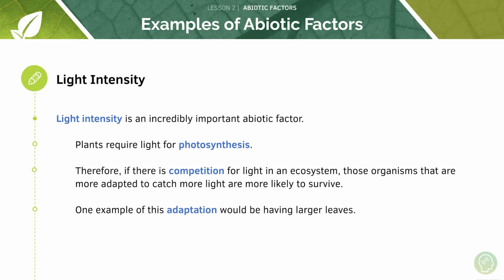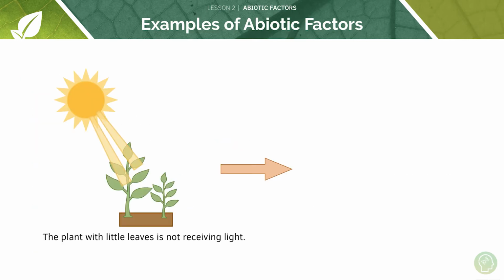An example of an adaptation that would allow particular plants to compete better for light would be having larger leaves. In this diagram, you can see that there is a plant on the left that has larger leaves, and a plant on the right that has smaller leaves.